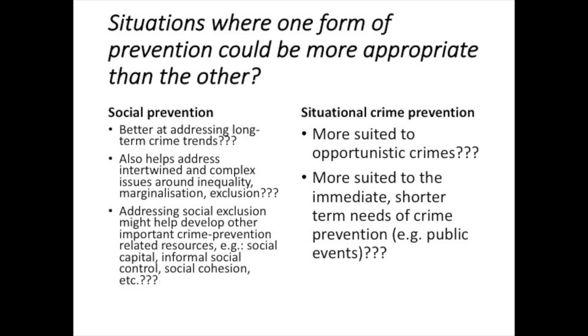So maybe a really shorthand, and this is really rough and I wouldn't call it an ironclad law, but social prevention is more of a big picture view, and situational crime prevention is a more on the ground, immediate focus. So maybe that can help you think about the differences between the two and understand each one a little bit better.